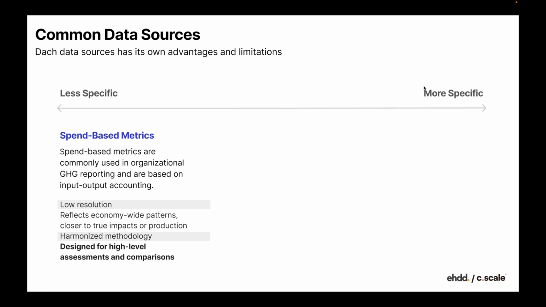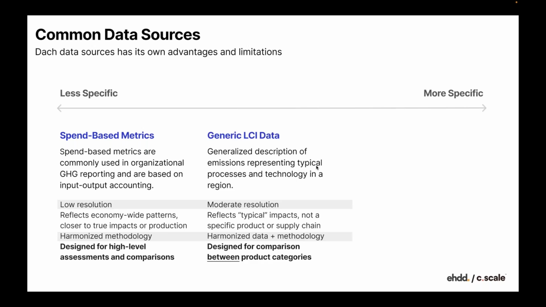For instance, if you are a concrete plant and you make 20 batches and there's a 21st one that fails and you have to throw all that stuff away, the emissions from the failed batch are counted in the spend-based metrics because they count the entire economy within their scope, but it'll be excluded by, say, process-based metrics, at least in part. That makes assumptions about the way a process ideally runs over a typical amount of time. One of the problems we have often in all of this is reconciling our clients' spend-based accounting with our process-based LCA, and that continues to be an area of work for us and others.